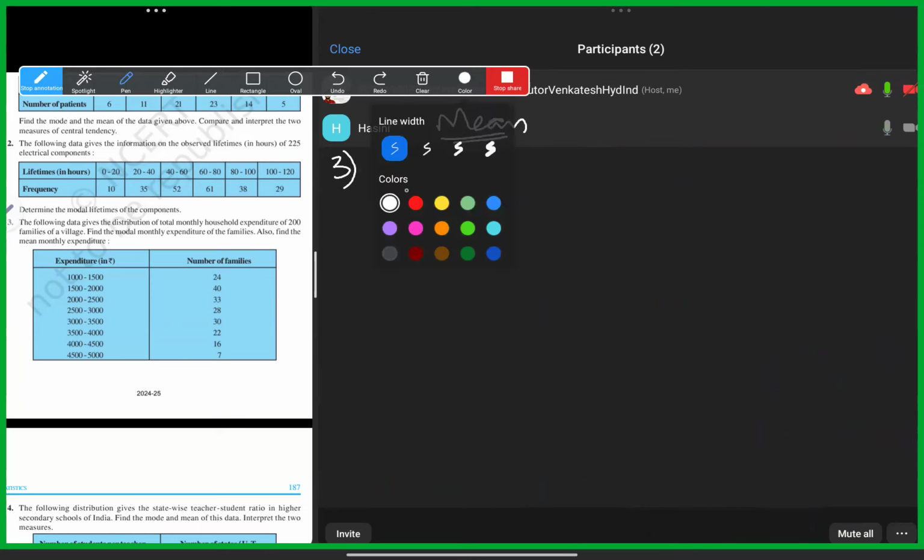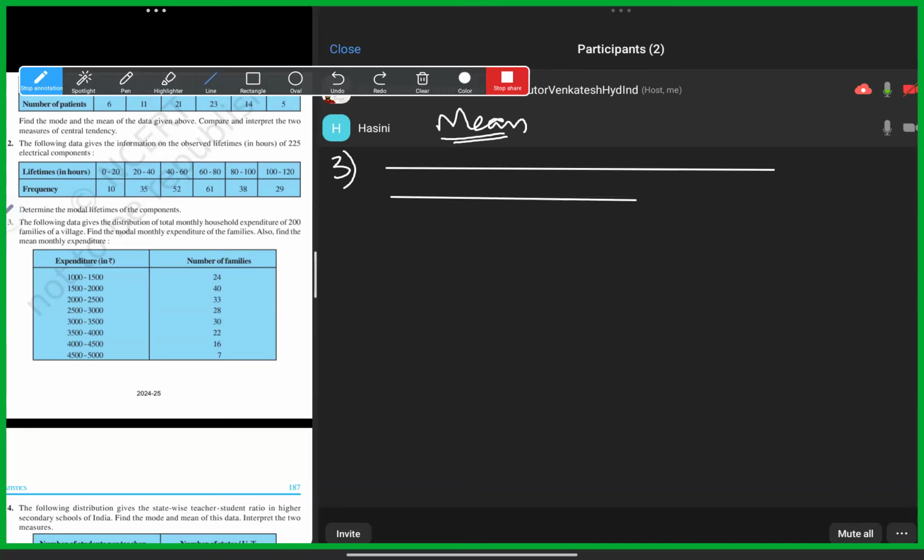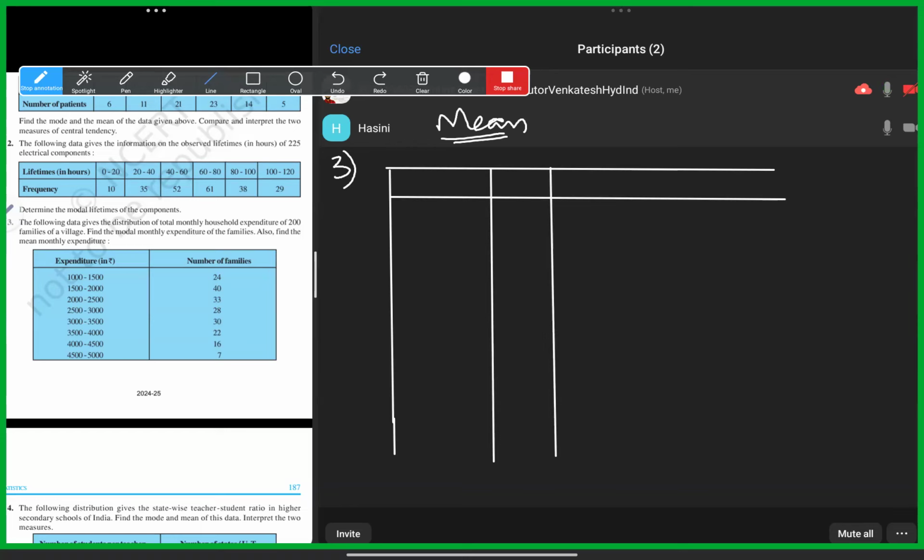First for mean, we know the columns we need to draw: class interval column, frequency. I'm going to do step deviation only.